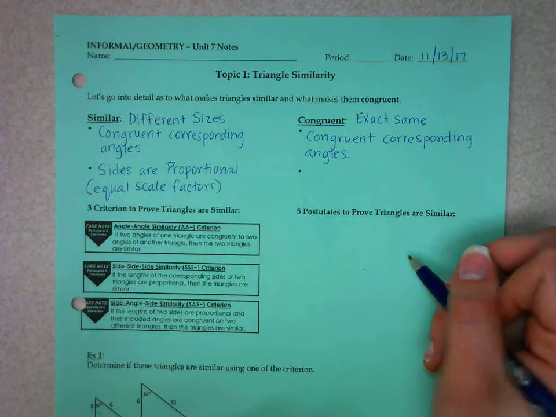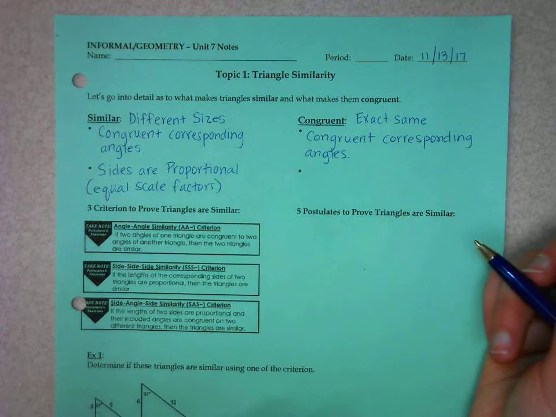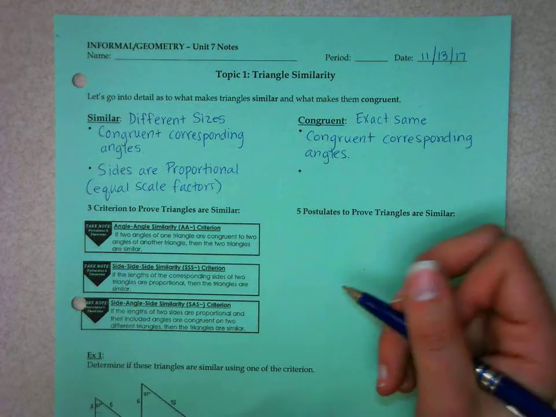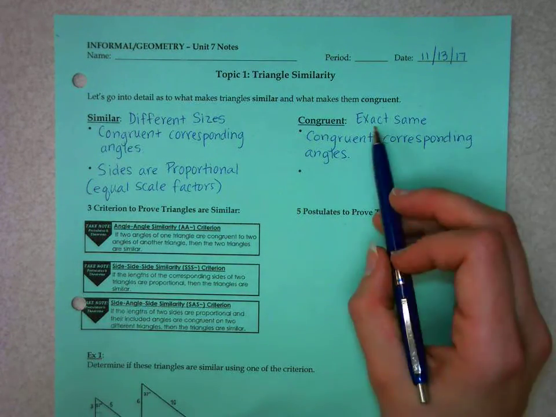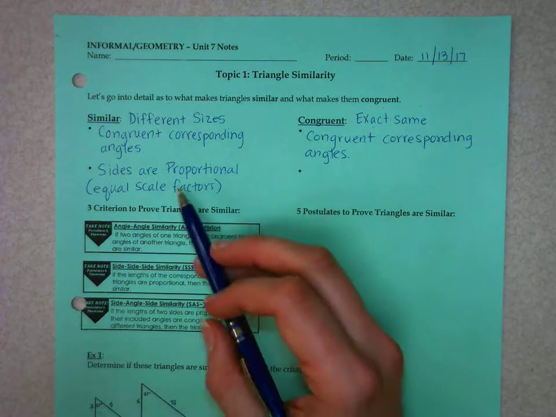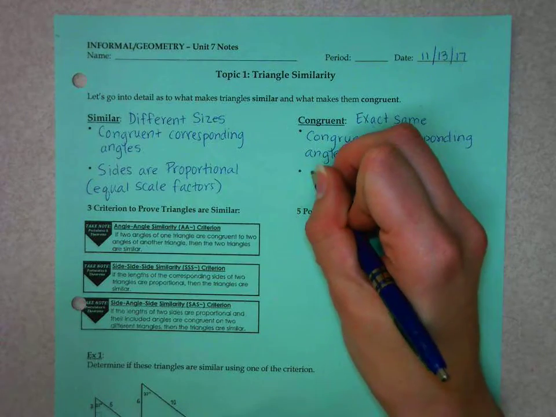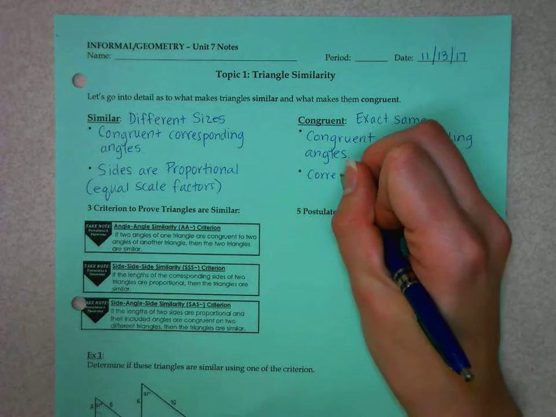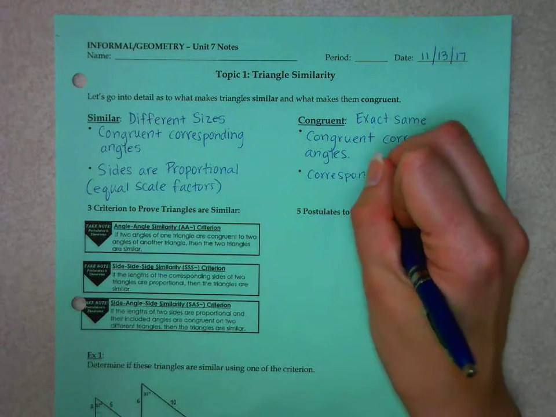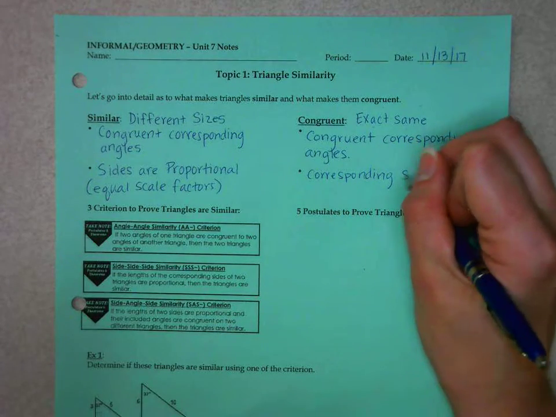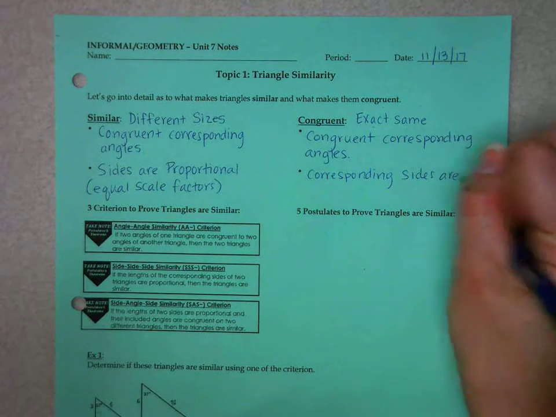And the sides are not going to be different from each other. The corresponding sides are going to be the exact same, so their sides are going to be congruent. So I'm just going to write down corresponding sides are congruent.